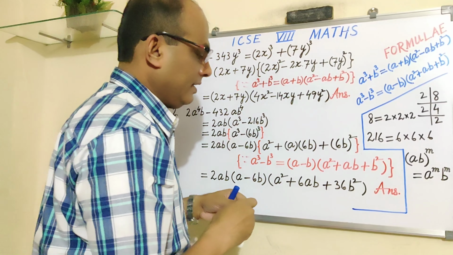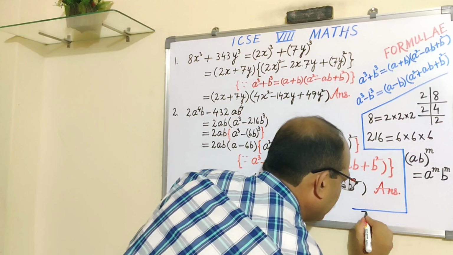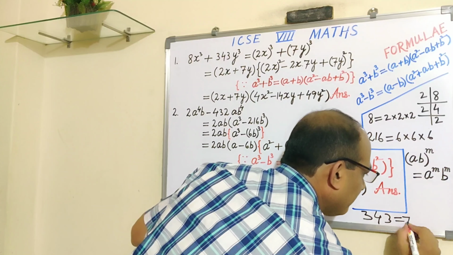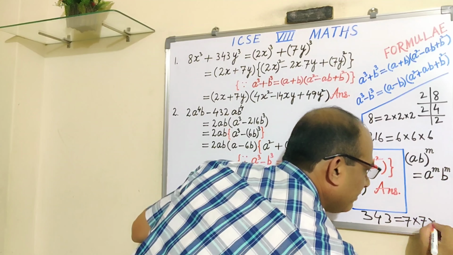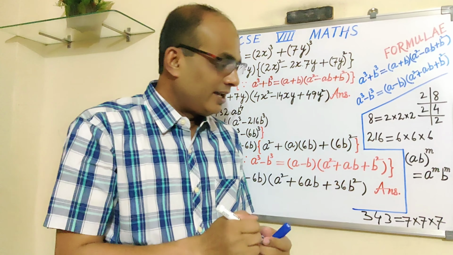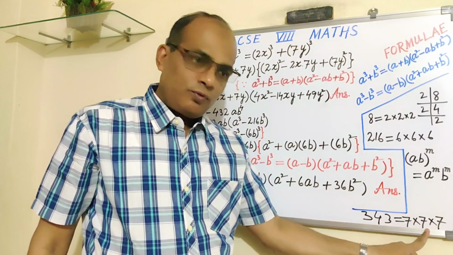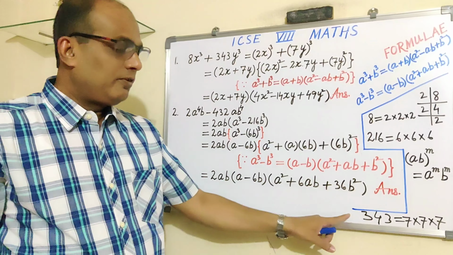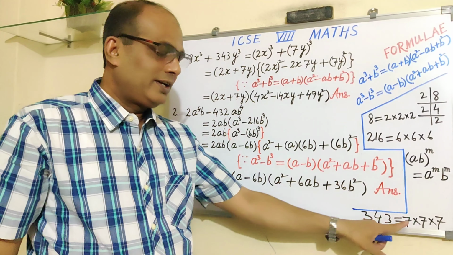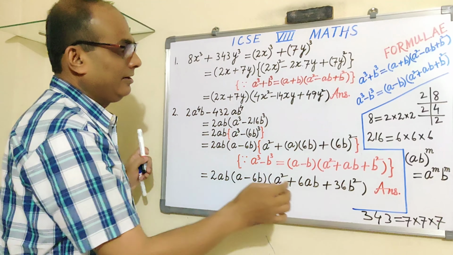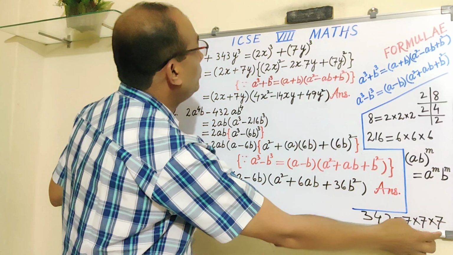Please multiply and see if you are getting 343 or not. 7 sevens are 49 and 49 sevens are 343. Alright, so that means 343 can be written as 7 cube.